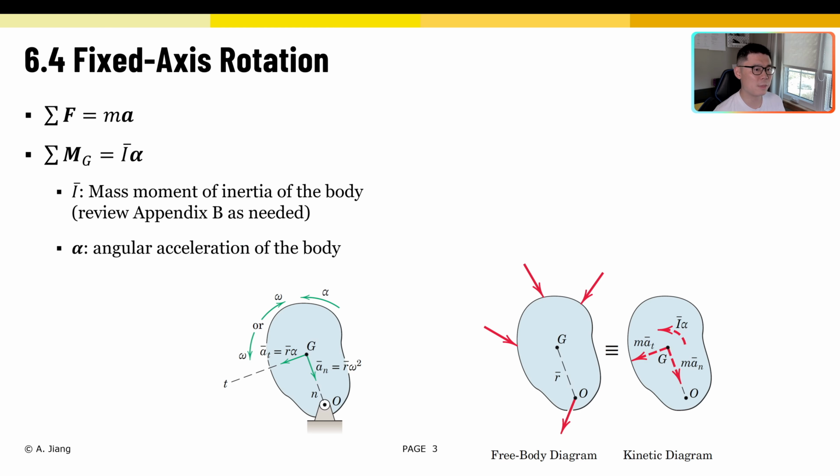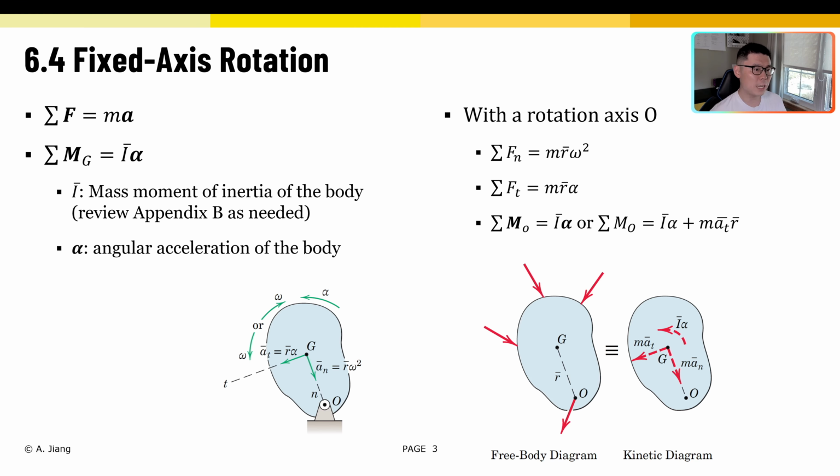Let's start with the two governing equations again that we were talking about in the previous video. For rotational motions, we'll modify the sum of force equation a bit, since using the NT coordinate system is usually the easiest way to analyze rotations. So we will have the rotation with some rotation axis O: the sum of Fn, sum of Ft, and the sum of Mo.